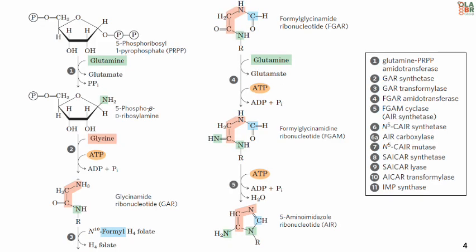All right, well, I guess we're going through this nice, scary pathway, but we'll break it down step by step, and hopefully we can make it easier to understand, and you guys can grasp the concepts quite easily. So, in the first committed step of the pathway, right here, we have the amino group, which is donated by glutamine. As you can see right here, glutamine becomes glutamate. You also release PPi. We're going to attach it to our wonderful good old friend PRPP at the carbon 1 of PRPP.